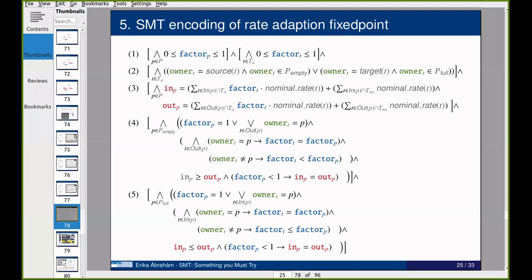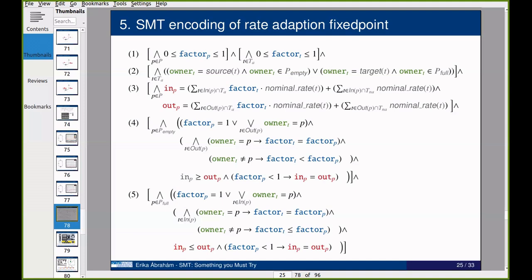This can be either the source or the target of a transition who can put relaxations. And there are some further items. So the relaxing place needs to be either empty or full, and then it needs to be on the right side, and so on. We can formulate how much is the inflow and how much is the outflow of a place by just adding up the reduced flows.